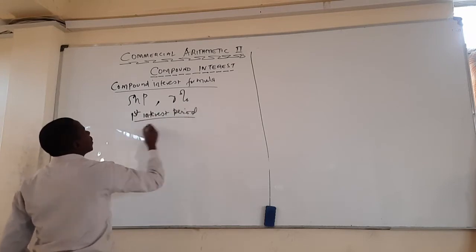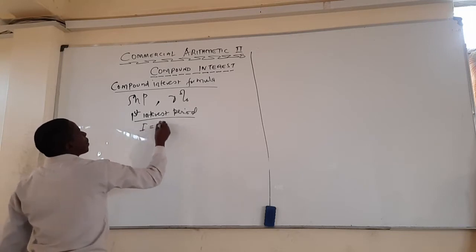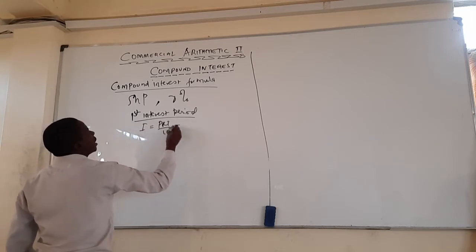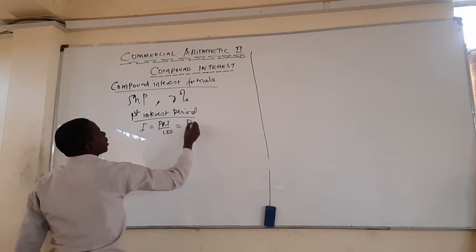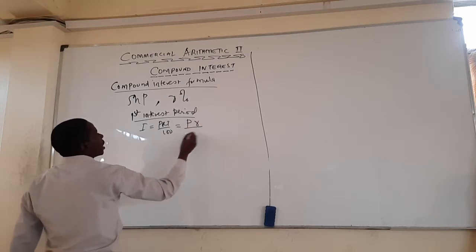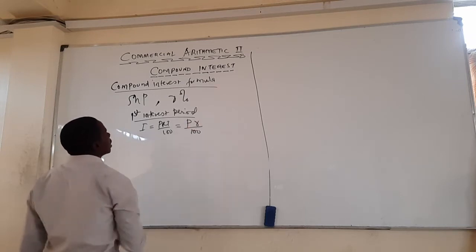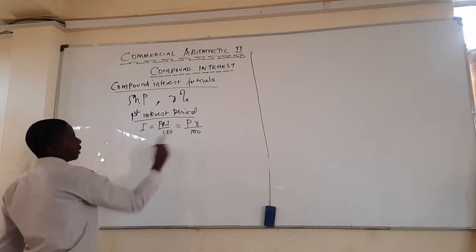So here, the first interest period, the interest will be PRT over 100. Our principal is P shillings times rate, which is R. Time is usually 1, so you don't have to write that, over 100. So that is the interest in the first period.